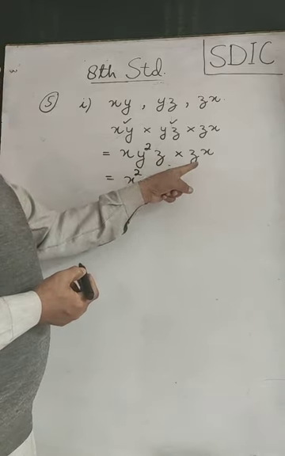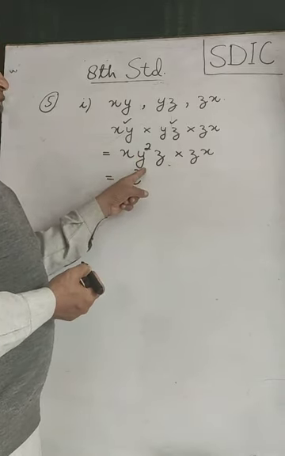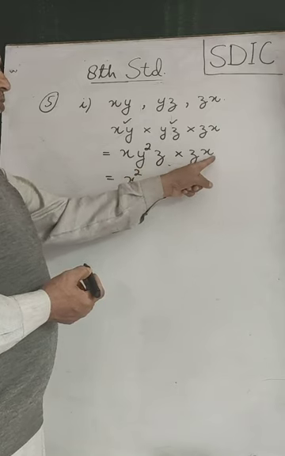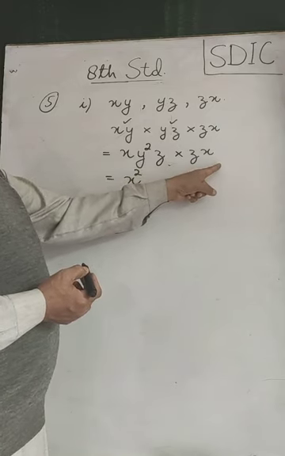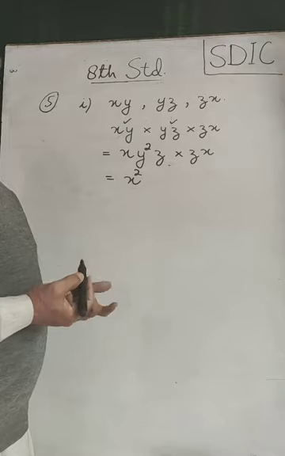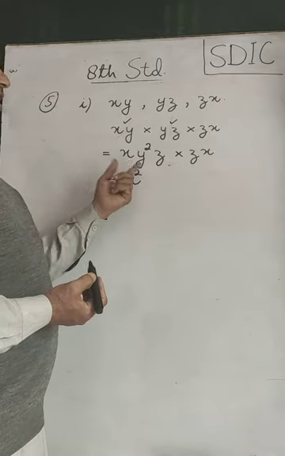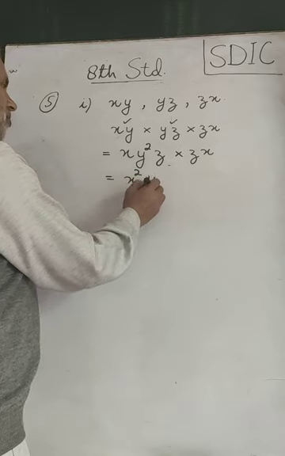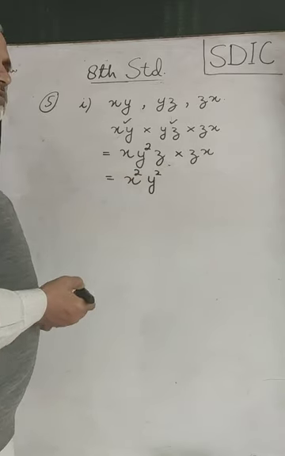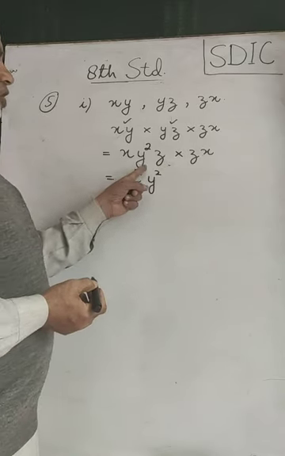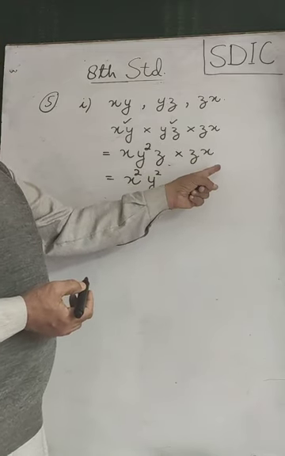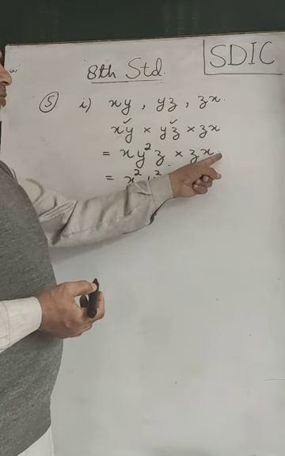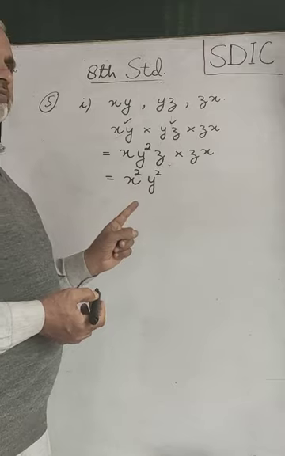Second variable y square does not appear in the second one. So therefore we need not multiply. Y square, y does not appear in the second. So therefore y square will remain same. Or as already explained, if you want to have that y in the second monomial also, you will write y raised power 0 there.